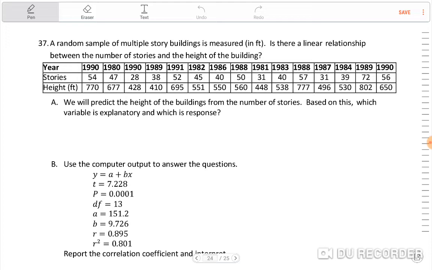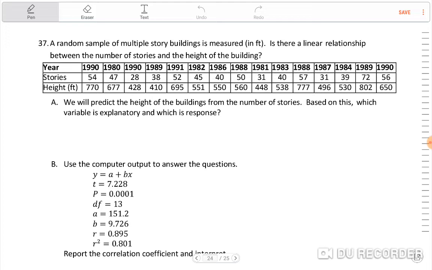A random sample of multiple story buildings is measured in feet. Is there a linear relationship between the number of stories and the height of the building? We will predict the height of the buildings from the number of stories. Based on this, which variable is explanatory and which is response? Explanatory variable is going to be your x. That's the one that's doing the explaining. And what is being predicted, that's going to be your response variable. That's responding.